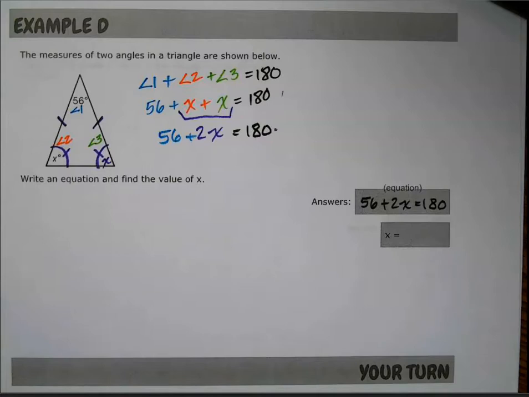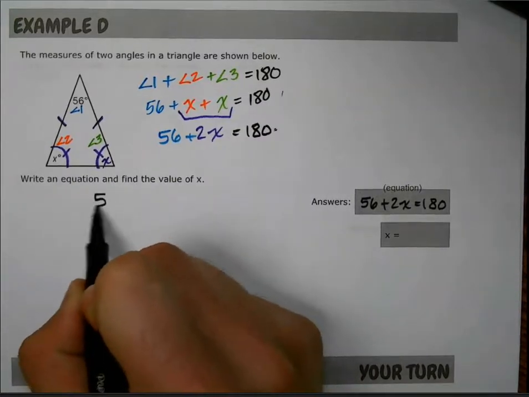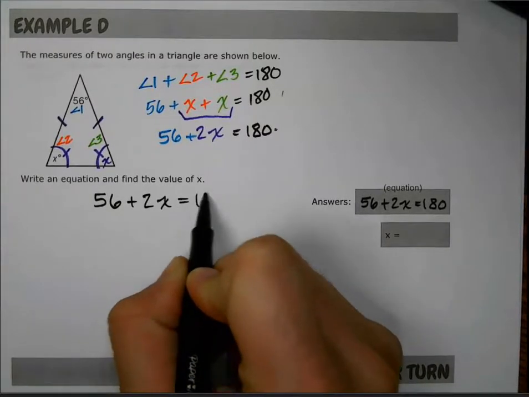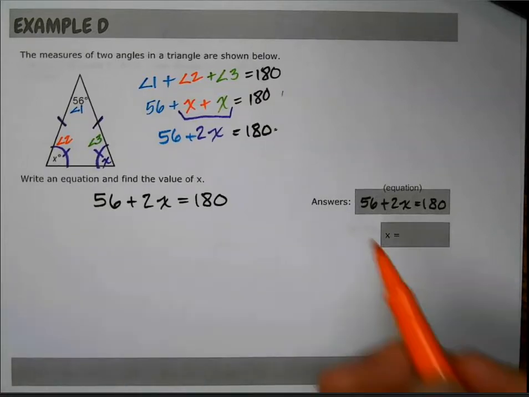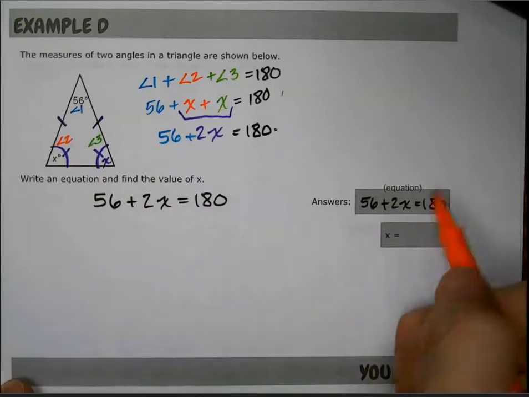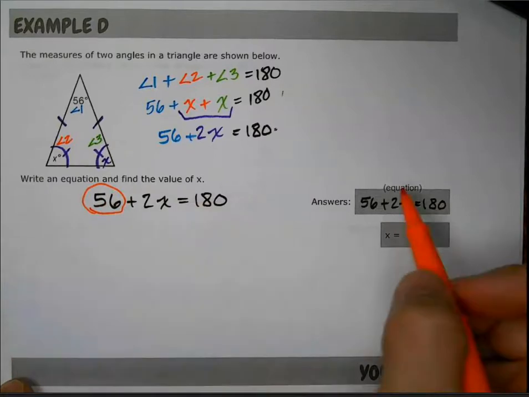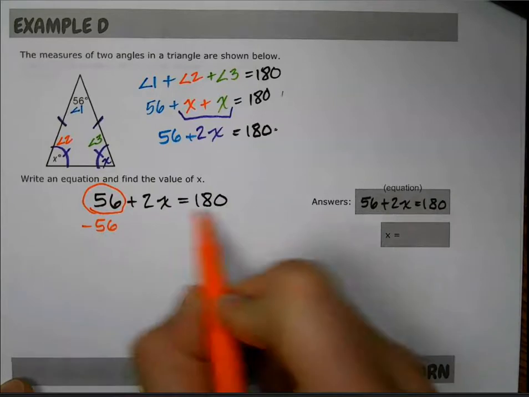Now, we need to go on to the next thing. We need to solve for x. So here's my equation. I'm going to rewrite it so it's nice and neat. I need to get x by itself. First, I need to get rid of the easy stuff. I don't want to mess with the x as my first step. This 56, this is a positive 56. The only way to get rid of that is by subtracting 56 from both sides.